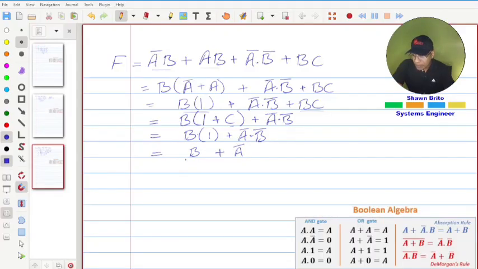So this is the final output, b plus a bar, or rather a bar plus b. That's a much nicer way of putting it, right?